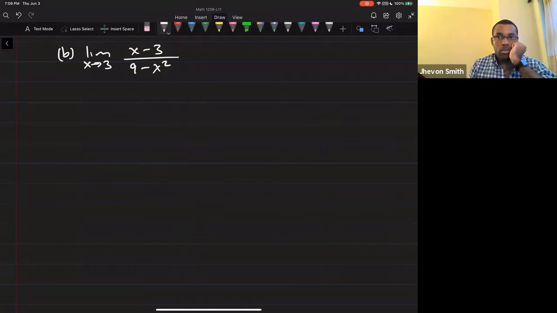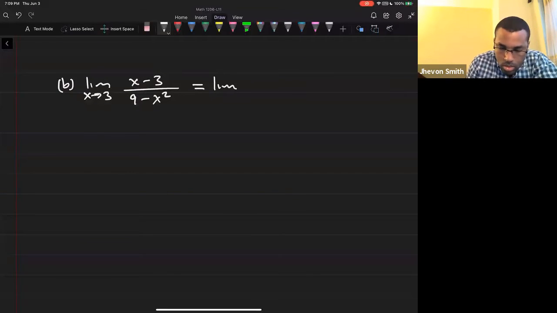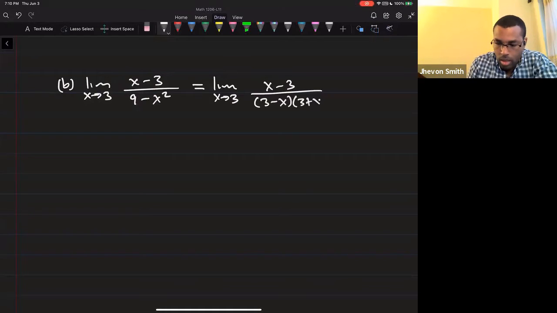How did you do it? I simplified. I factored out the bottom, so then it was x plus 3, x minus 3, and then I got 1 over x plus 3, and then I plugged in 3 and got 1 over 6. The bottom is what? It's not x plus 3. It's 3 minus x, minus 3 x plus x. All right, and so what is that?